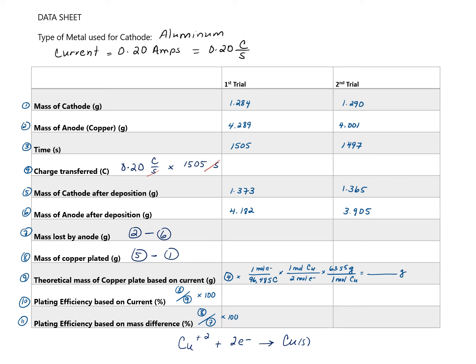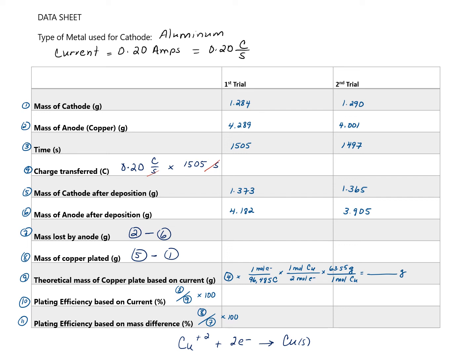Because you're forming this solid layer on top of the aluminum. So every mole of copper ions requires 2 electrons to become copper solid. That's why we have 1 mole of copper over 2 moles of electrons. Every mole of copper needs 2 moles of electrons to go from copper plus 2 to copper solid.